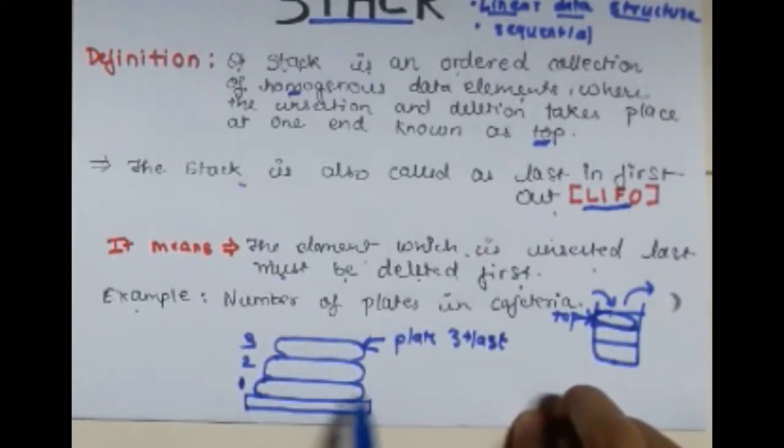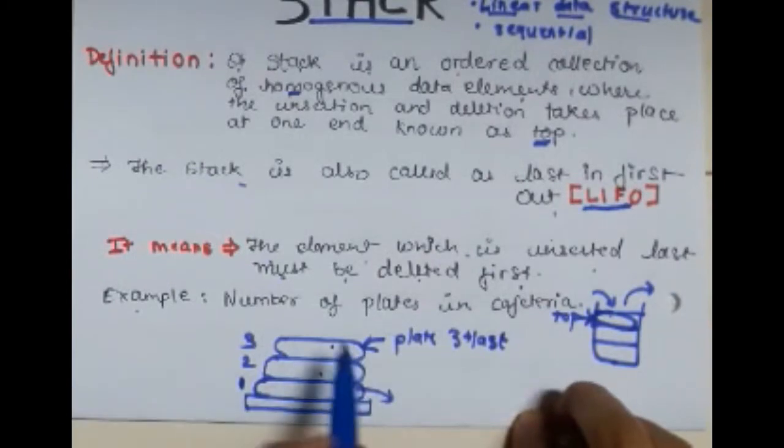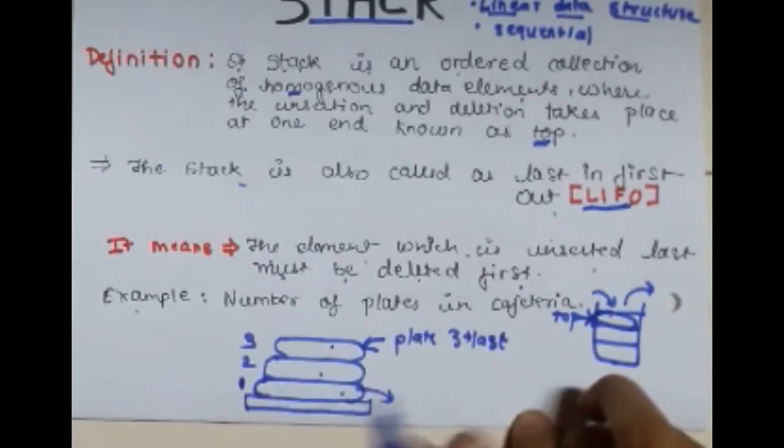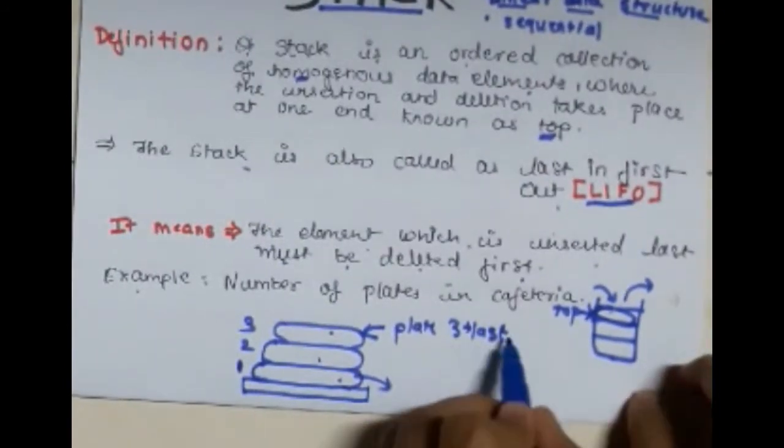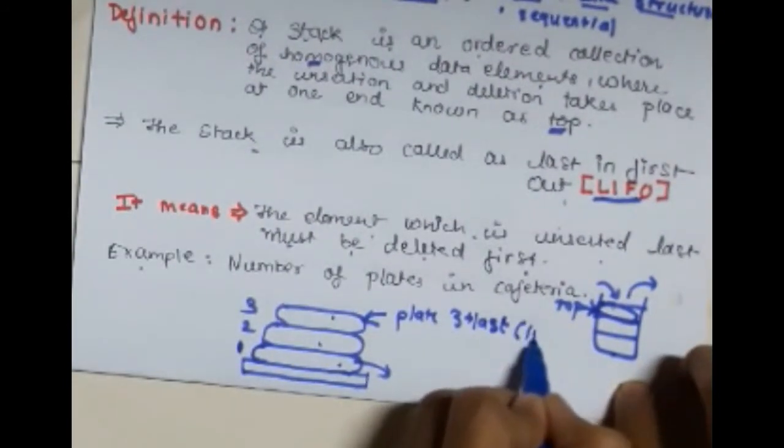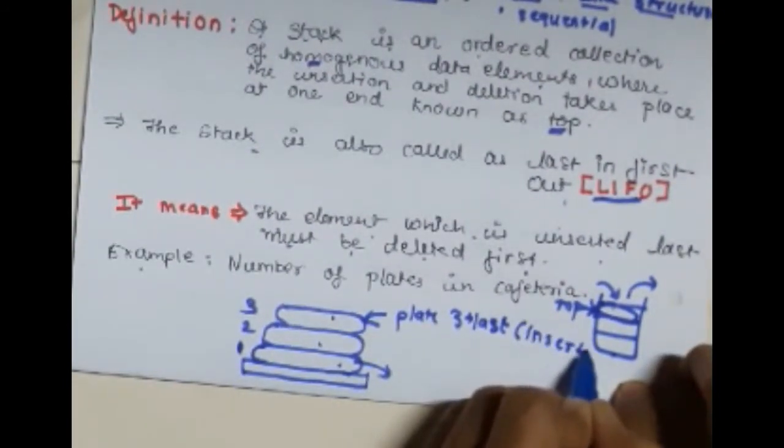Now we have to remove plate 1. For removing plate 1, we have to first remove plate 3 and then plate 2. Unless and until we remove plate 3 and plate 2, we cannot remove plate 1. So we know that plate 3 was the last plate which we inserted, right? Plate 3 was the last plate while inserting.